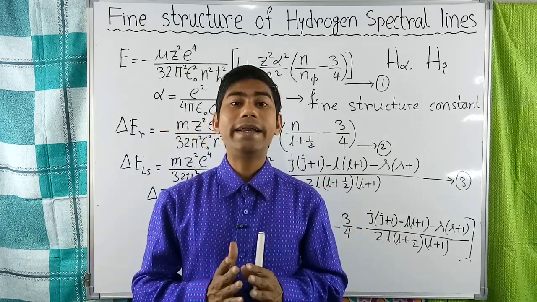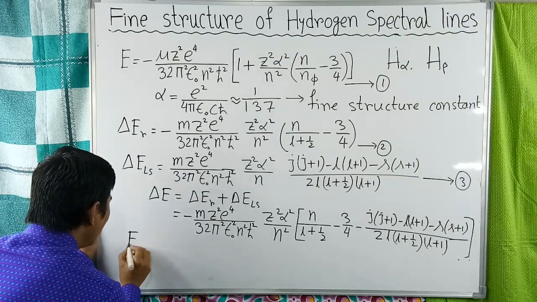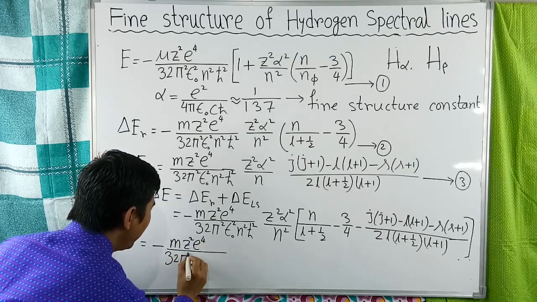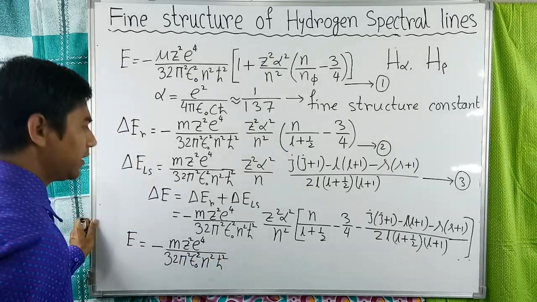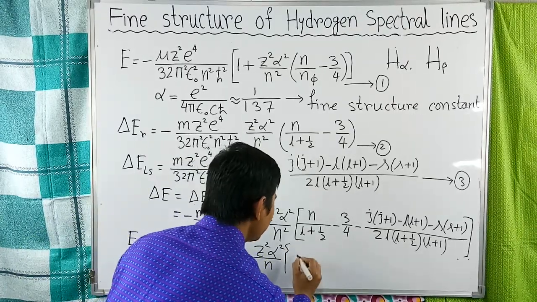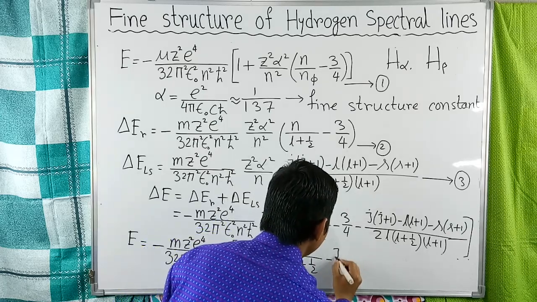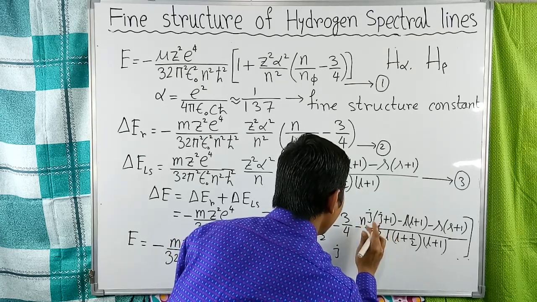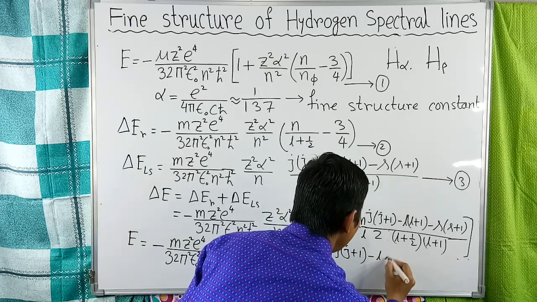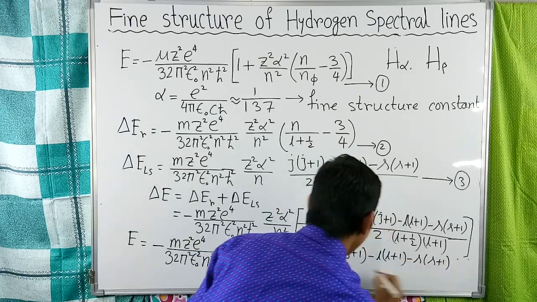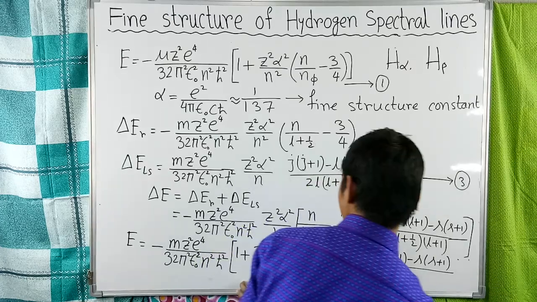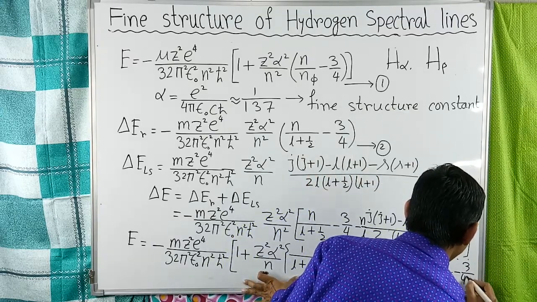So the completely corrected expression for energy is E equals minus m Z squared e to the power 4 by 32 pi squared epsilon 0 squared n squared h cut squared, into 1 plus Z squared alpha squared by n, into 1 by L plus half minus J into J plus 1 minus L into L plus 1 minus S into S plus 1 by 2L into L plus half into L plus 1, minus 3 by 4n.